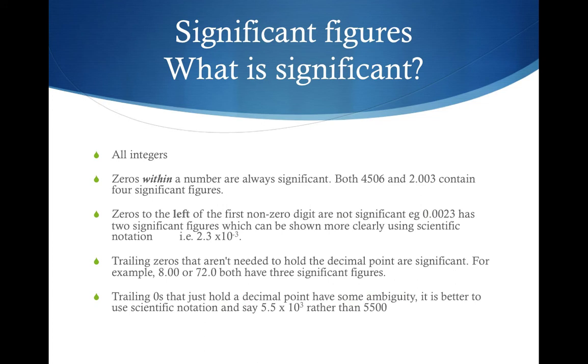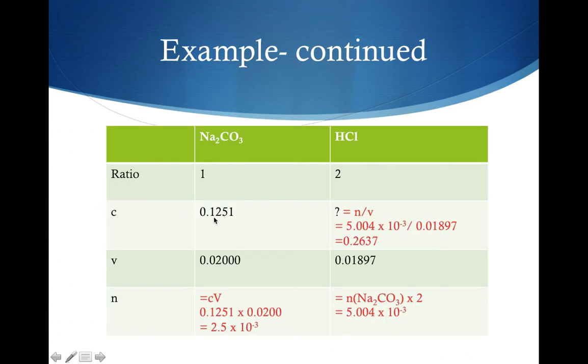So what is significant? Well, a significant figure tells you basically how accurate the number is. So if I look here, this number here has got 1, 2, 3, 4 significant figures. This is not a significant number. A 0 in front is not significant. A 0 behind, however, is significant.